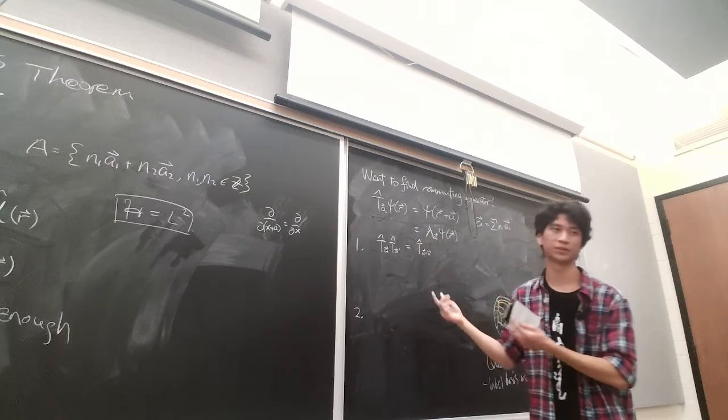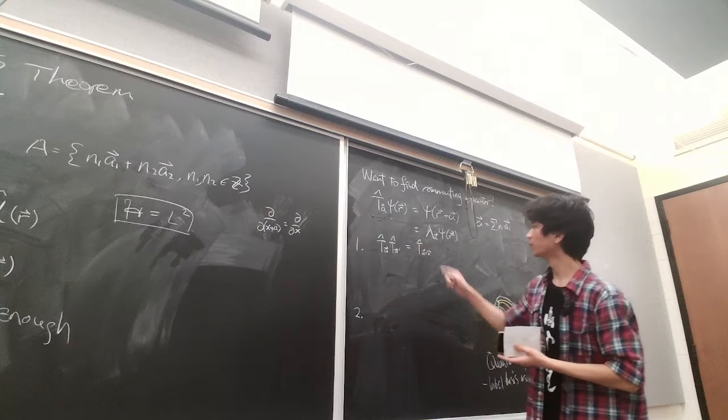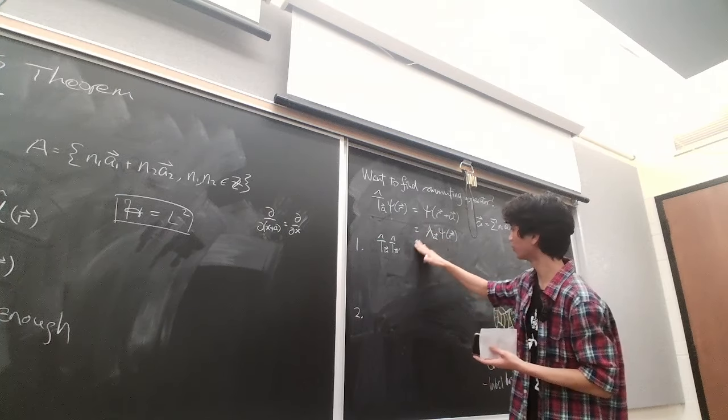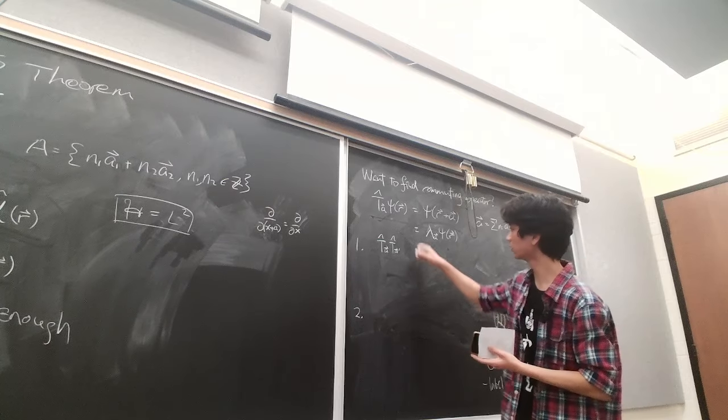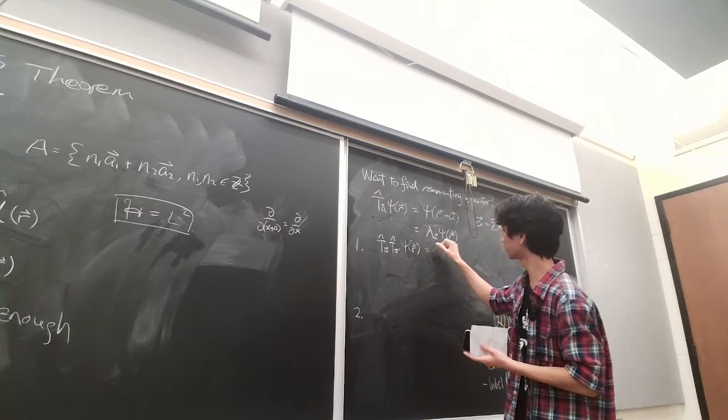Because they're just vectors. We're just translating by vectors. Acting on a state and writing the eigenvalues, we get some sort of condition.